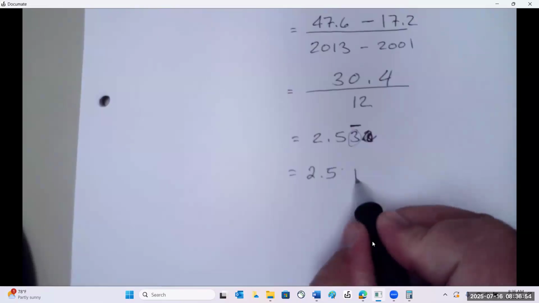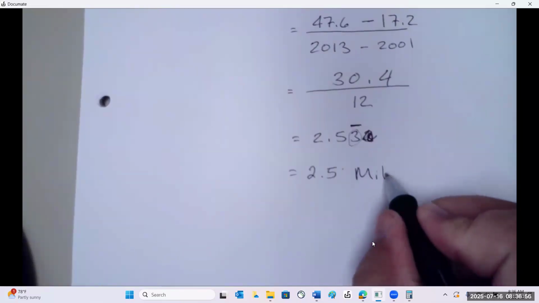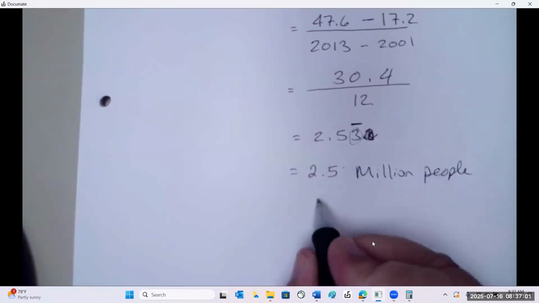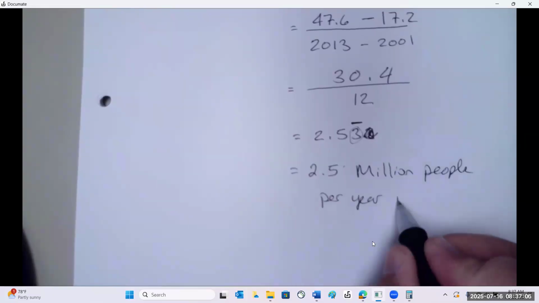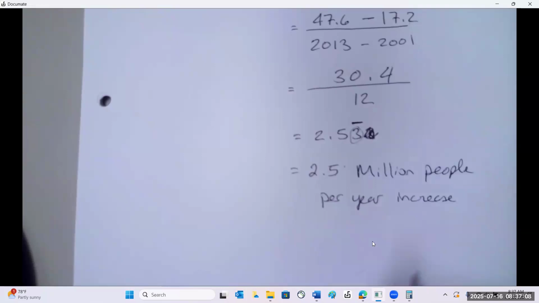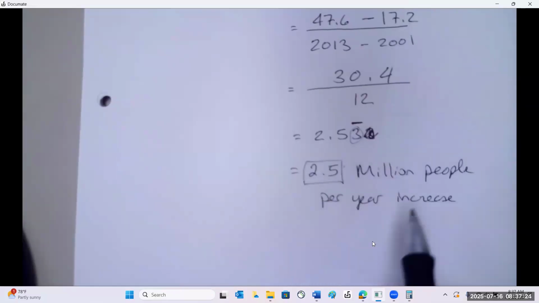Yes, there's a 2.5 million people per year increase. Since it's positive, it's an increase. That's what that number tells us. All you guys told me, you just defined what it was. It's average rate of change. I know that. That's what we're looking for. But what does it mean? It means that there's a 2.5 million people per year increase each year.